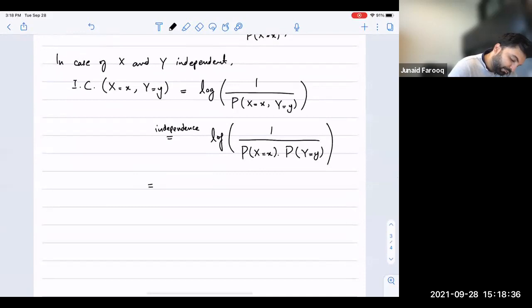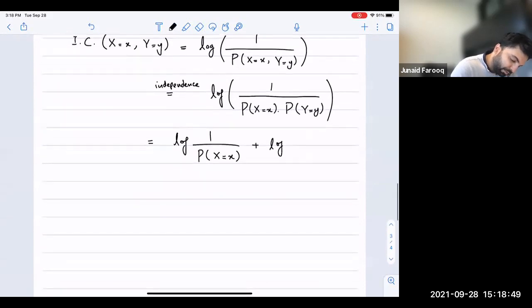And from the properties of the log, you can split it up: this is log of 1 over probability x equals x plus the log of 1 over the probability y equals y.